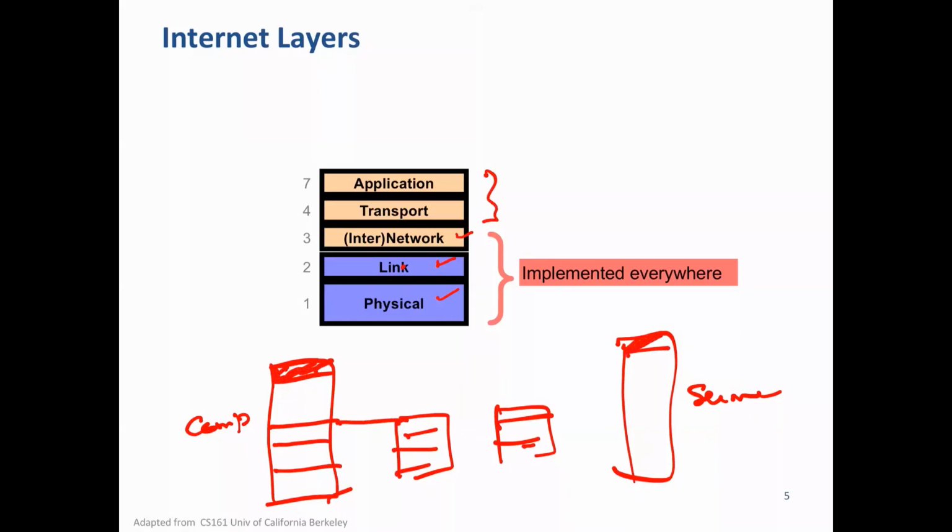If some application is running on this side, the other side has to run the same application, otherwise they can't interact. Then the transport layer is here in both; it says whether we want reliable or unreliable service. The IP layer below this is common.